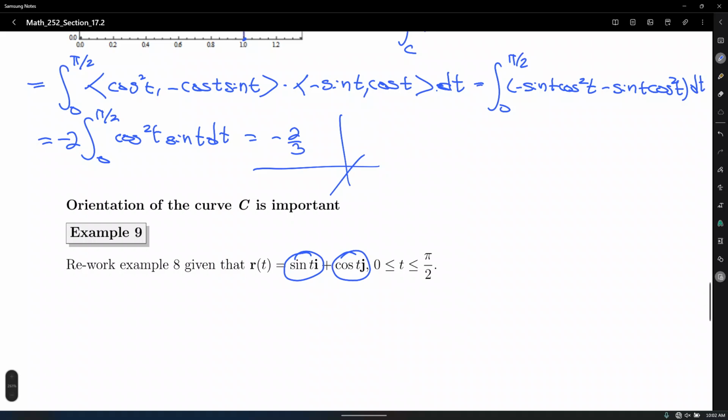But I'm not going to evaluate the whole thing. All we want to get out of this is that the integral along C of f dotted with dr, what should we get? Positive 2/3, right? 2/3.